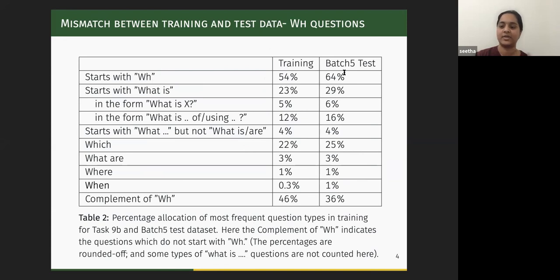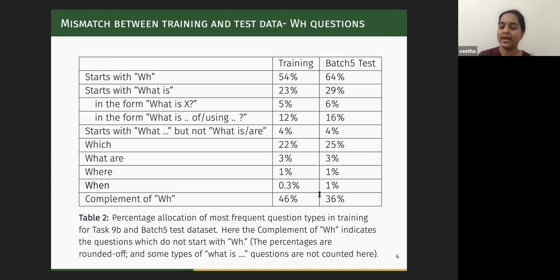Similarly, you can see some difference between the training and test data percentages for other question types. These are our findings from both the error analysis and the statistical analysis of the BioASQ data.